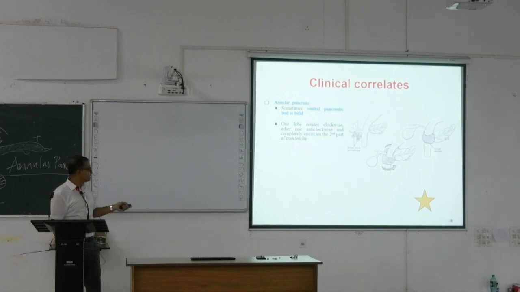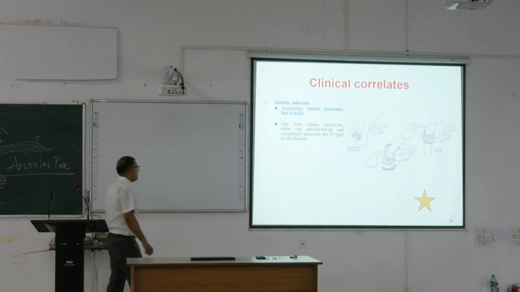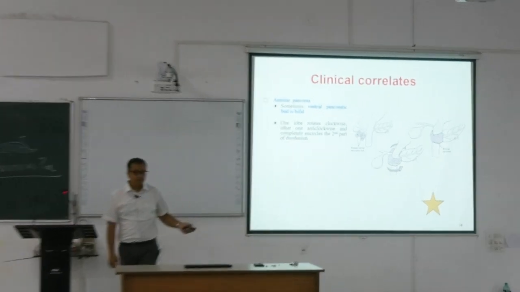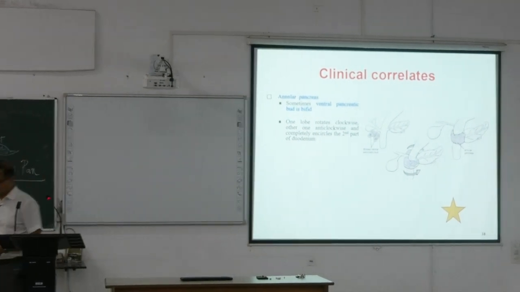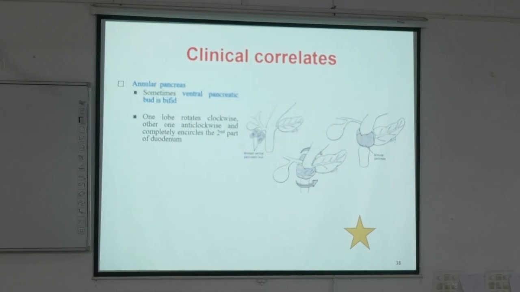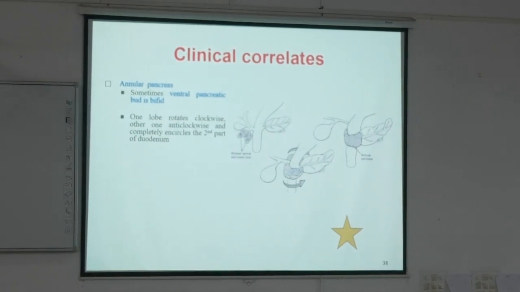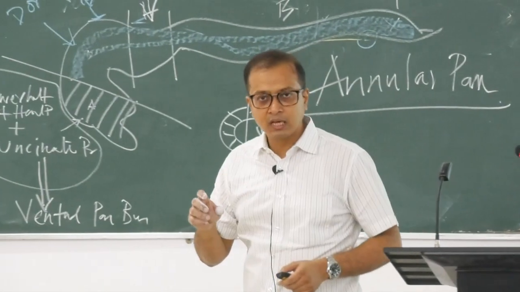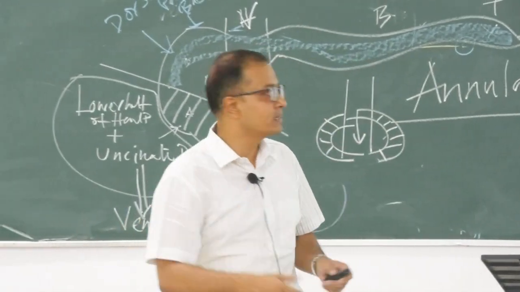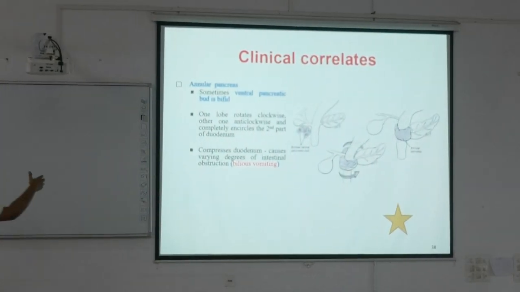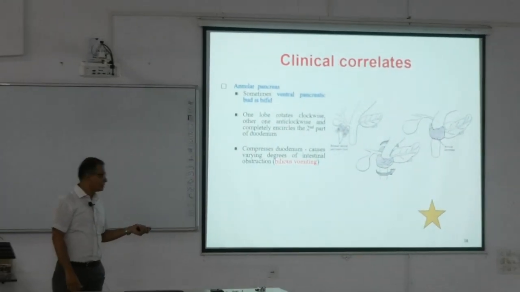This is the common presentation of annular pancreas, which happens with a faulty bifid ventral pancreatic bud. I repeat, this is an exam question. We ask about annular pancreas as a short note. So you have to prepare this, explain it embryologically, giving a schematic diagram and the clinical presentation of why the patient has vomiting because of annular pancreas.